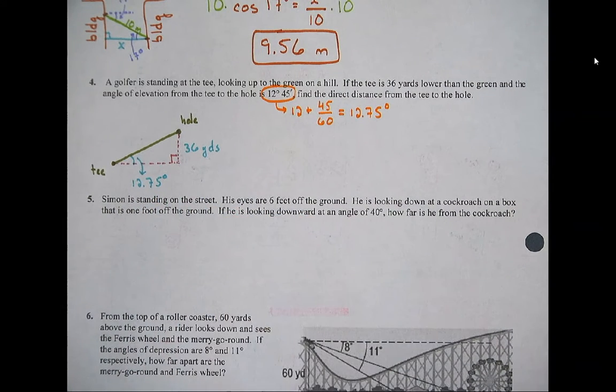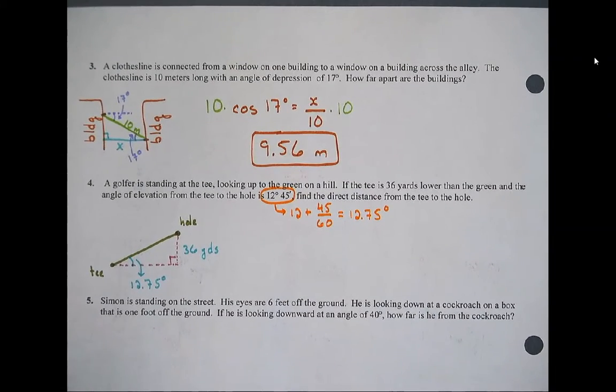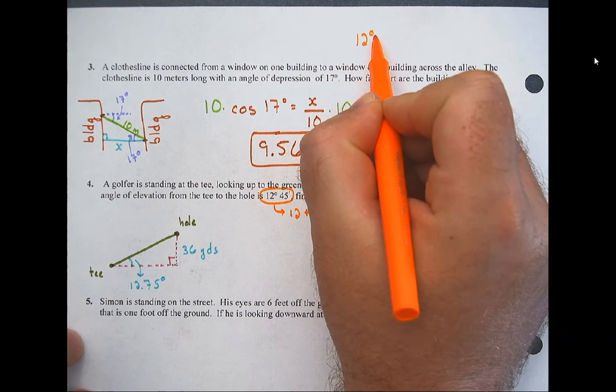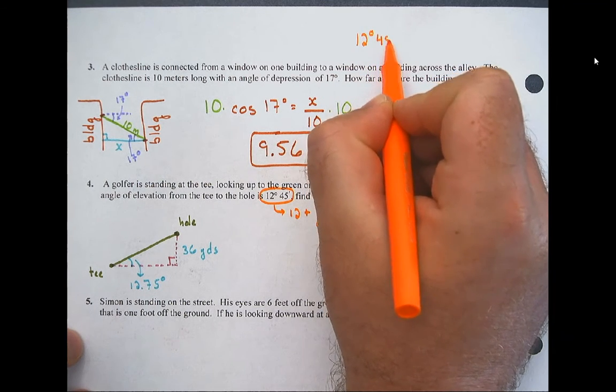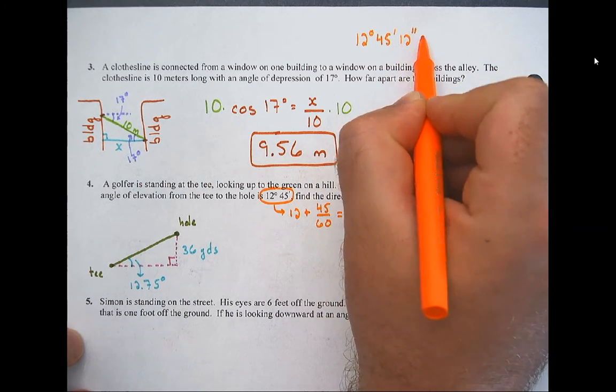You could also go down to seconds. Their next measurement after minutes was seconds. And that would look something like 12 degrees, 45 minutes, and then 12 seconds.